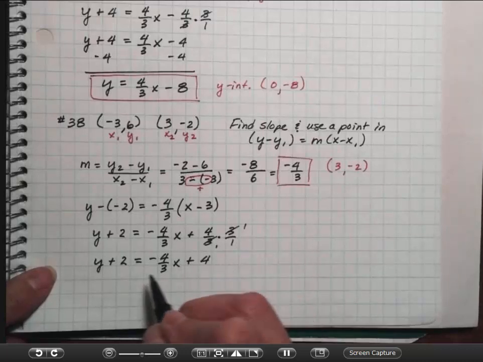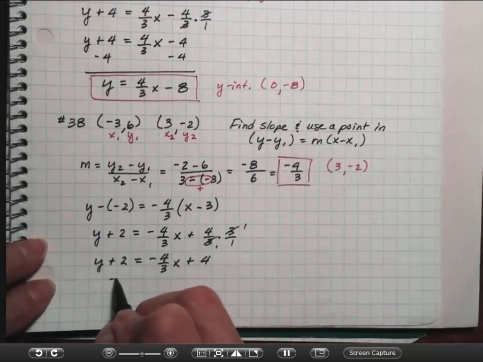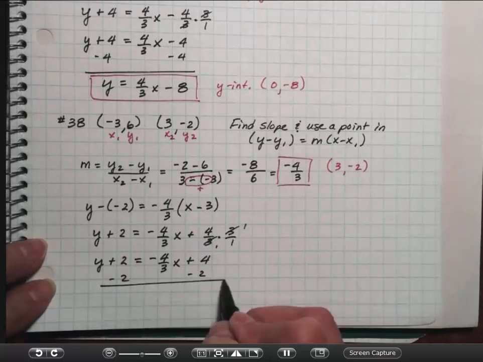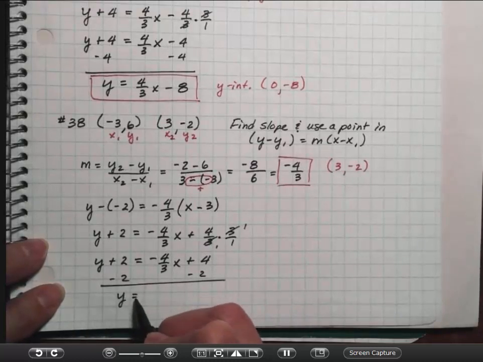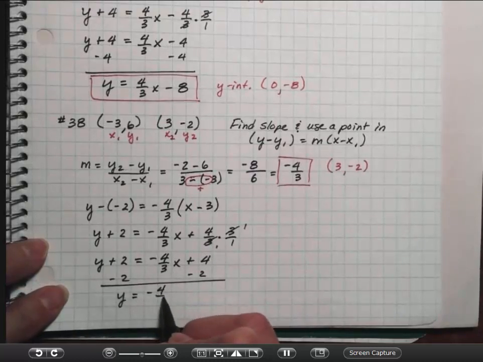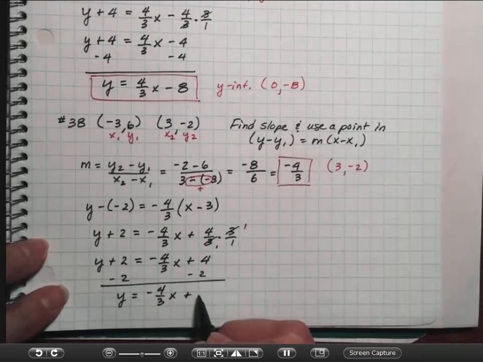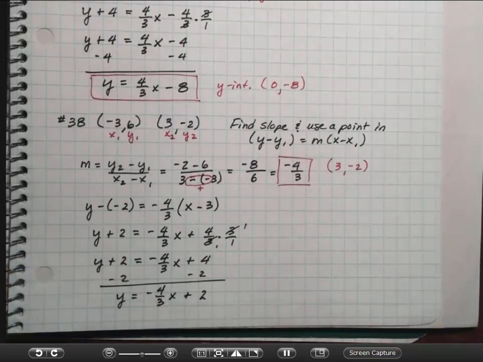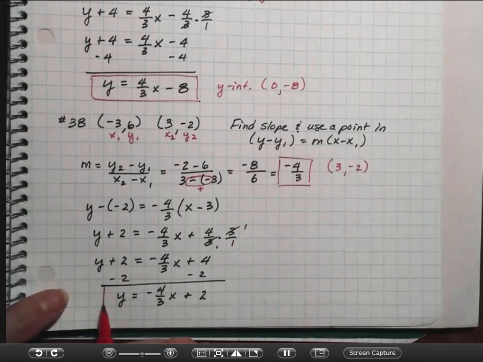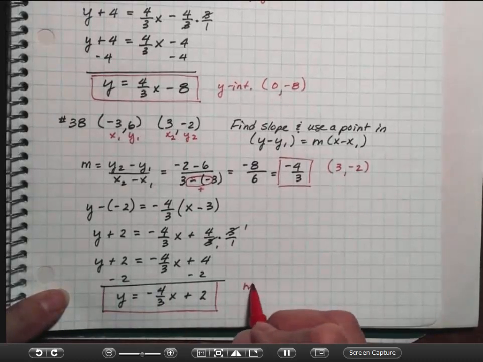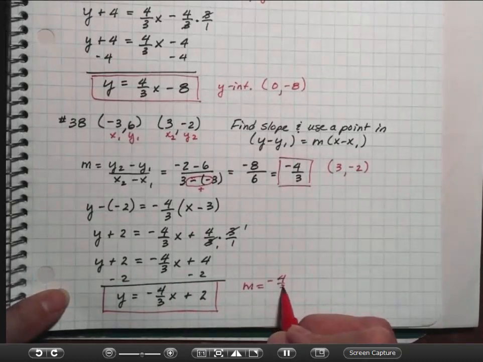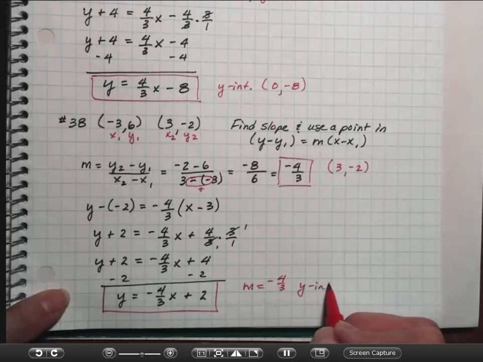And then to solve for y, I'm going to subtract 2 from both sides. And I end up with y equals negative 4/3 x plus 2. And this is the equation of my line, where my slope is negative 4/3 and my y-intercept has coordinates 0, 2.